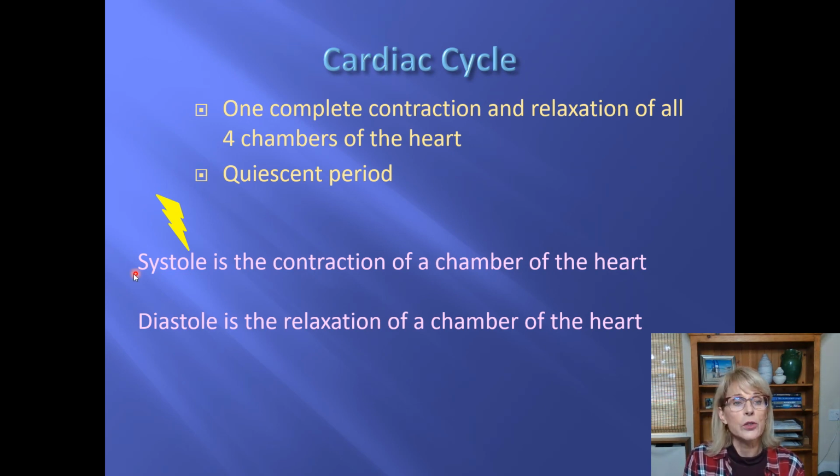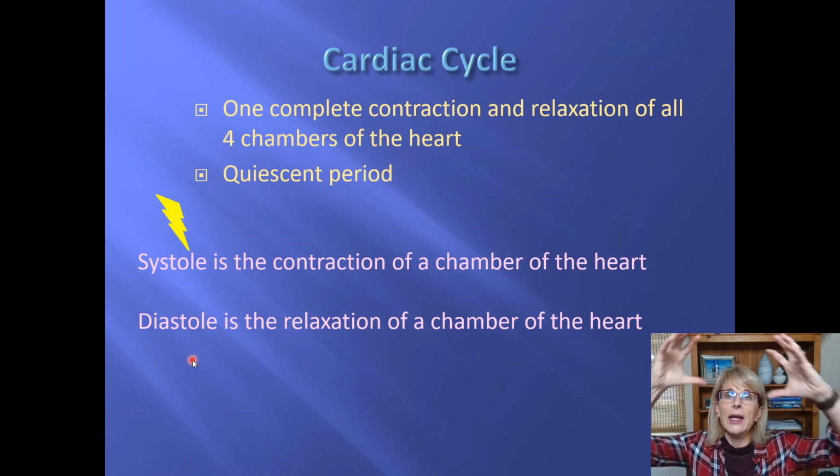I want you to know these terms, systole and diastole. This looks like systole, doesn't it? Yeah, it's pronounced systole. I'm guessing it's because it's got a Greek derivation. I'm not sure. But systole is our word for the contraction of a chamber of the heart. Diastole is the word for the relaxation of a chamber of the heart.